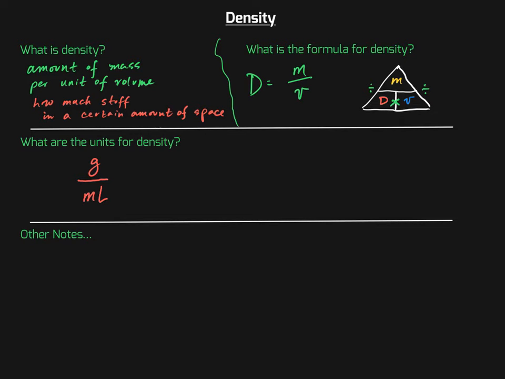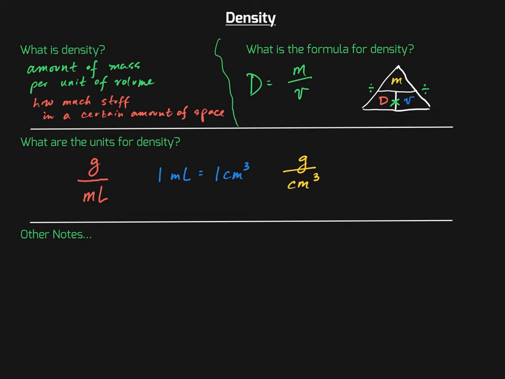Now, we have a relation where we say 1 milliliter is equal to 1 centimeter cubed. So what that means is we can also have units of density of grams per centimeter cubed. Okay, so really milliliters here and centimeters cubed are interchangeable, all right, because we know that 1 milliliter is equal to 1 centimeter cubed.